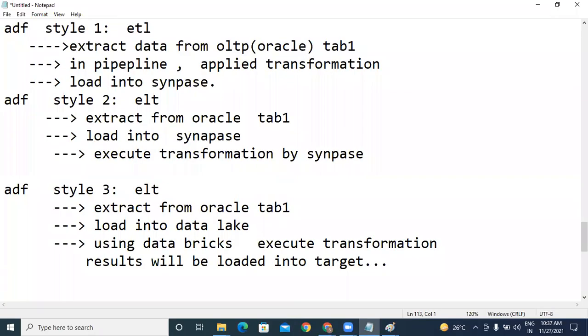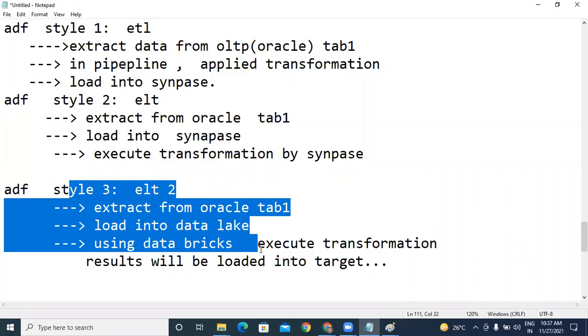First, you tell me, if you look at style 3, what is that? ETL or ELT? ELT. Okay, let's say ELT second model. Among all these 3 models, style 3 is super fast. For example, the first model has taken 10 hours.